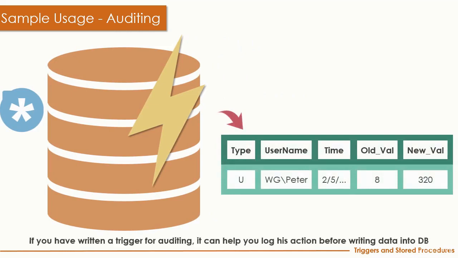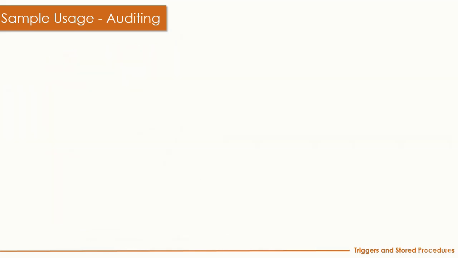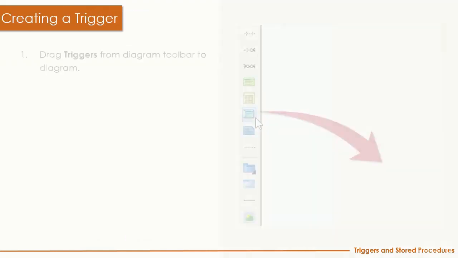So the type is update, the username who made the change is WG Peter, and the time is 2nd of May. The old value is $8, the new value is $3.20. So you can record this, and when you find the data has a problem, you can go back to check.